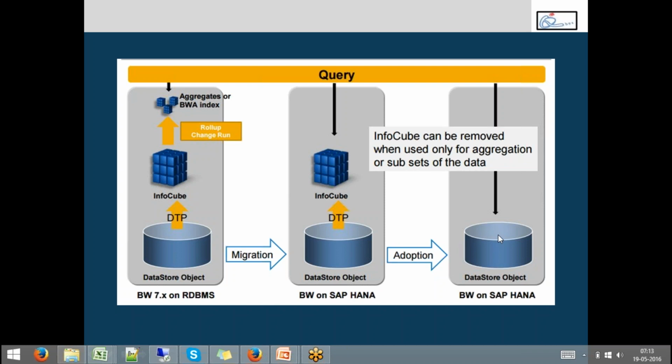It's all one and the same because both are column store tables in the backend. So when you have BW on HANA, whether you do query reporting on DSO or the cube, the performance is one and the same. If the cube is just used for aggregating or a subset of data, the cube can be eliminated and we can have the query running on DSO directly. Okay.